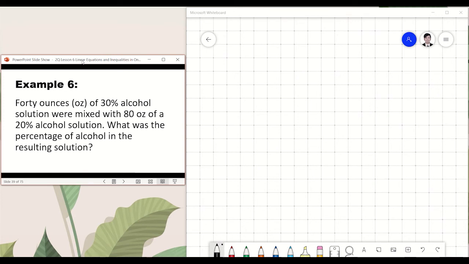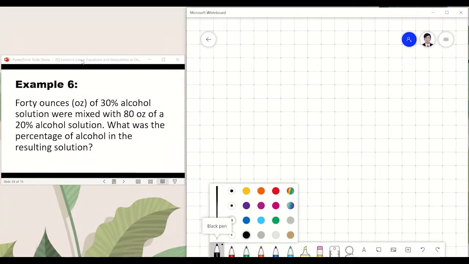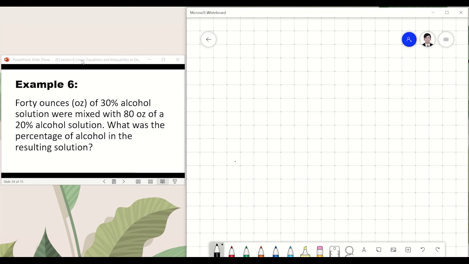Just like last time, we will apply RESCA when we try to organize our work to arrive at our answer. So we'll start with R. In R, we are asked to represent.